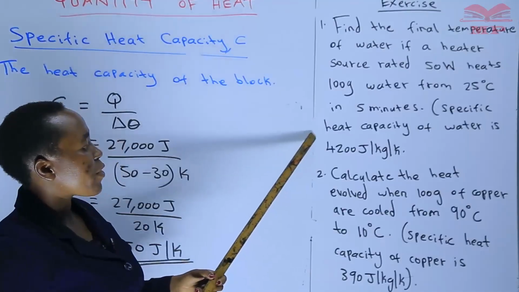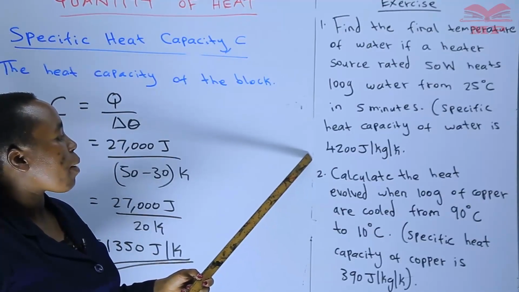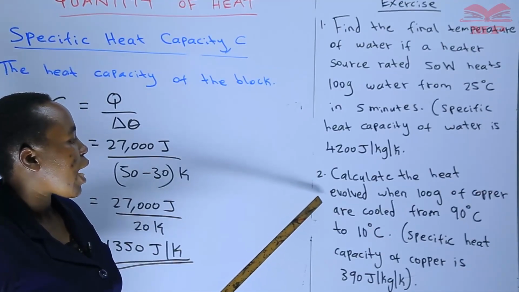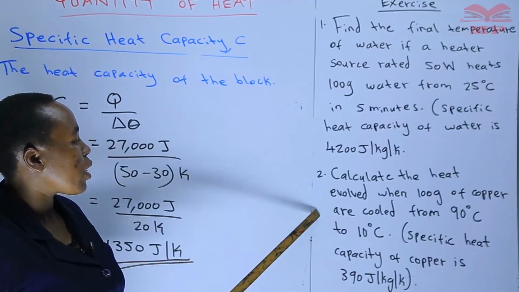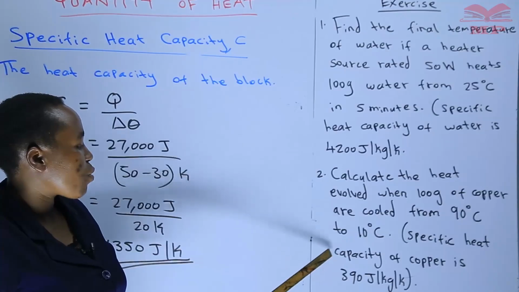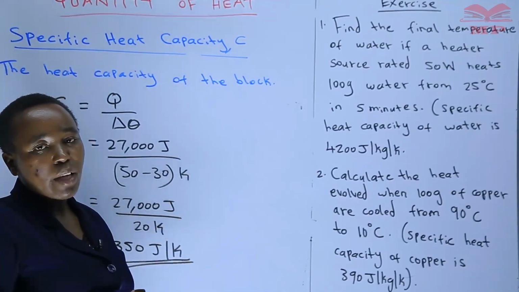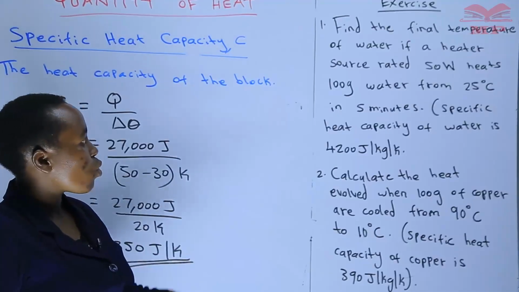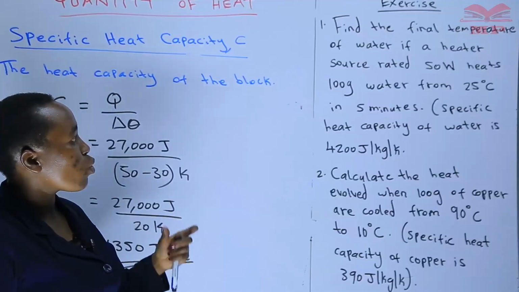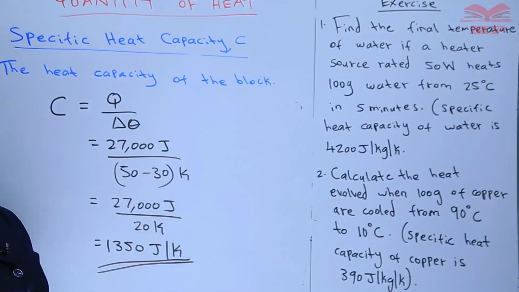We've been given the specific heat capacity of water as 4,200 joules per kilogram per Kelvin. Number 2, calculate the heat evolved when 100 grams of copper are cooled from 90 degrees Celsius to 10 degrees Celsius. The specific heat capacity of copper is 390 joules per kilogram per Kelvin. So calculate and ensure that in your calculations you remember to express all the units in the SI units.